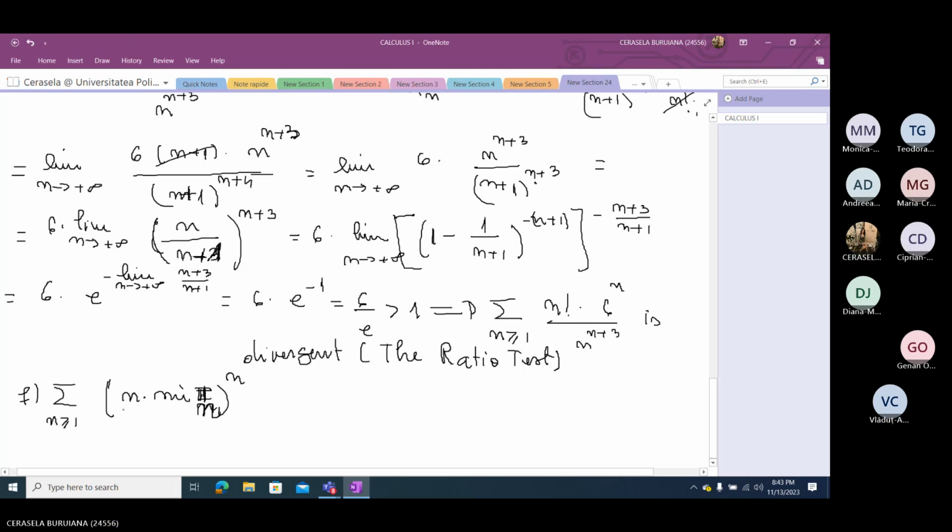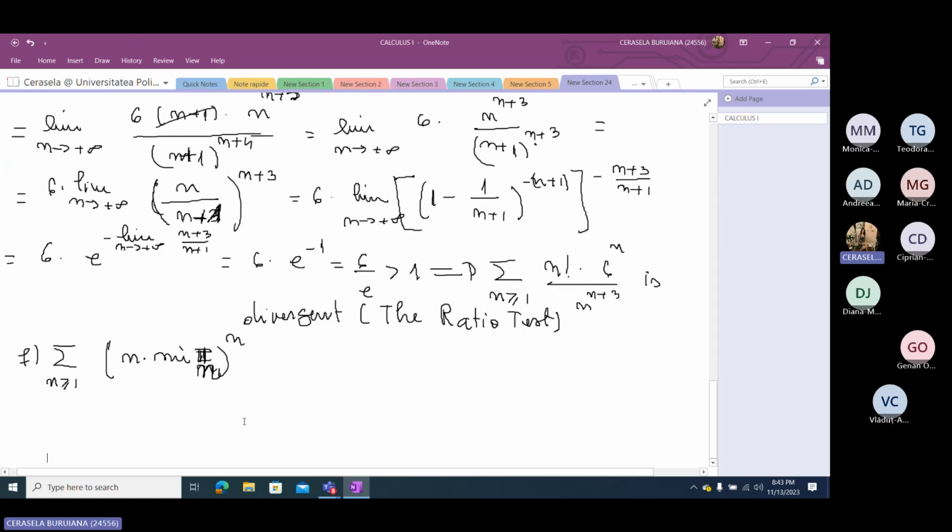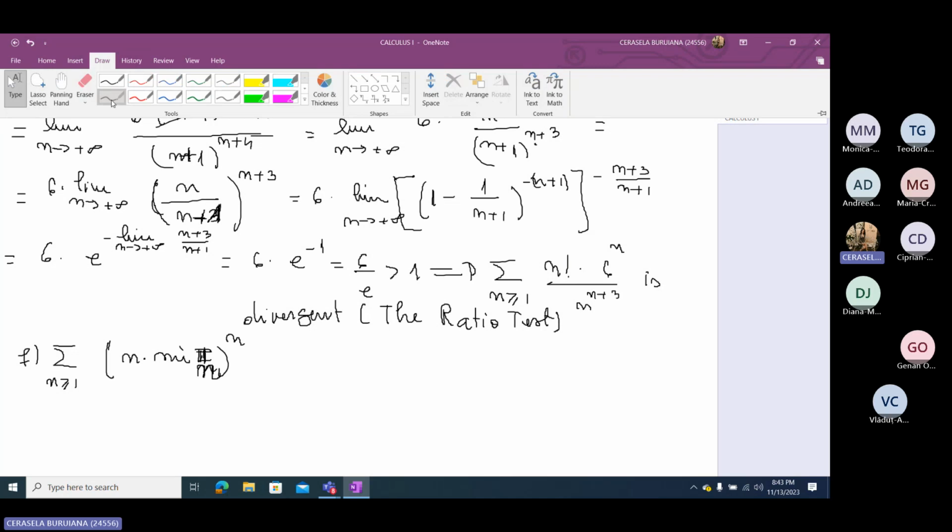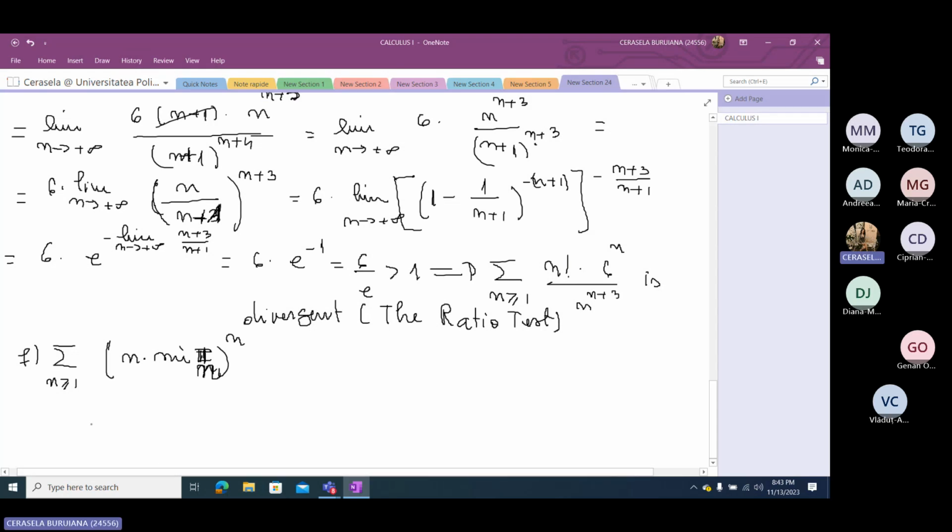Okay, here we use the root test. Good. Very well. Yeah, you're right. The root test, somebody learned. Very well. So yeah, we use the root test indeed.